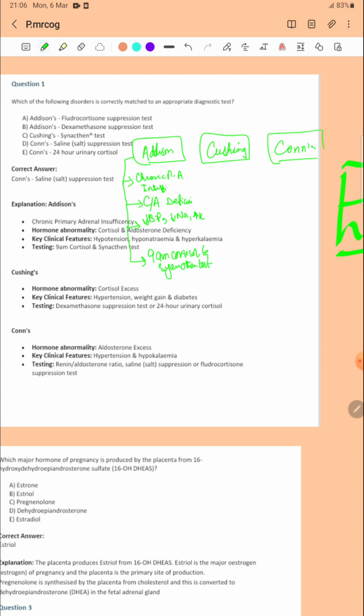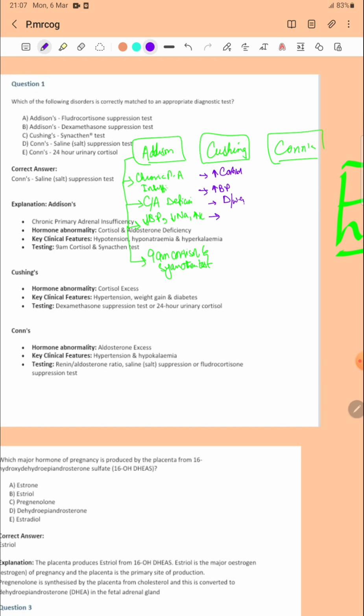Now let's see Cushing. In Cushing there is an increase in cortisol levels, so there will be hypertension. Cushing syndrome is also related to diabetes and weight gain.